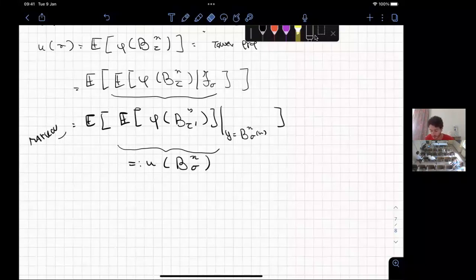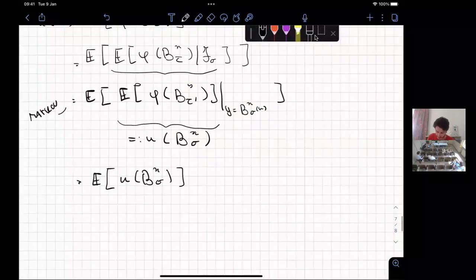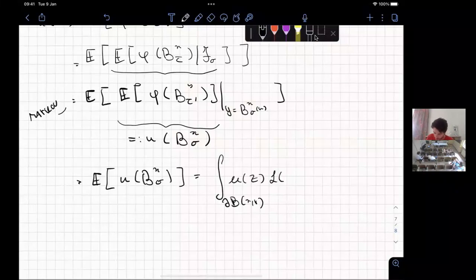And why is there this guy? Because here we start from epsilon, and then we evaluate it in this random point. Now, once we do this, the only thing that remains is that this guy here is just equal to the integral over the boundary of the ball, because this guy lives on the boundary of the ball of radius r. So the integral over the boundary of u(z) times the law of this guy.